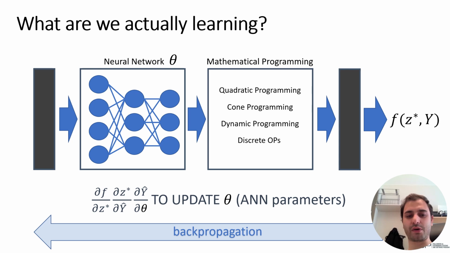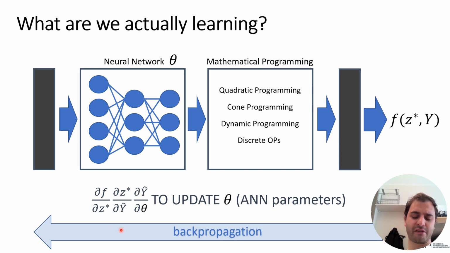But then what are we actually learning in this whole framework? We are learning the theta here, which are all the weights of the neural networks, because we don't have anything to learn in the optimization layer, since there is no parameter to learn. But it's important that this layer allows backpropagation in order to learn suited neural networks.